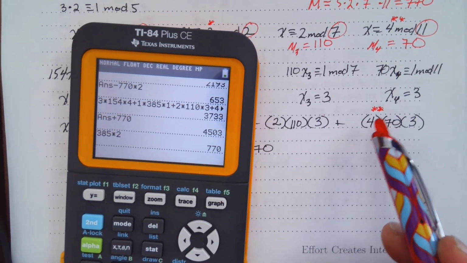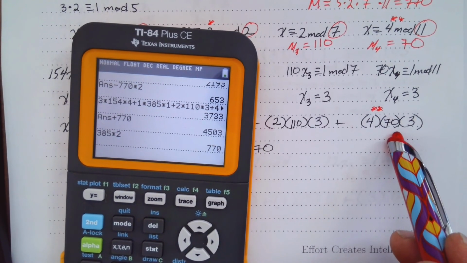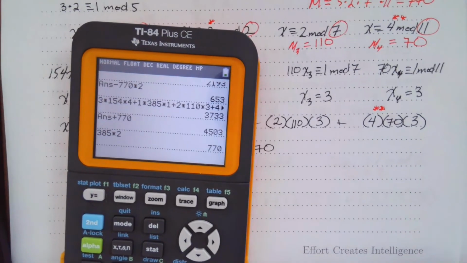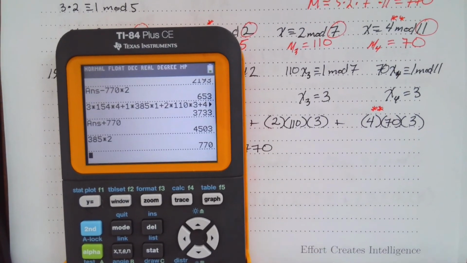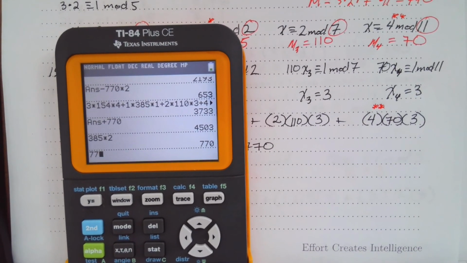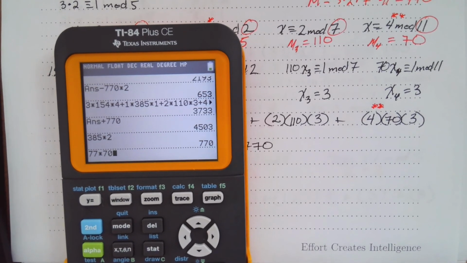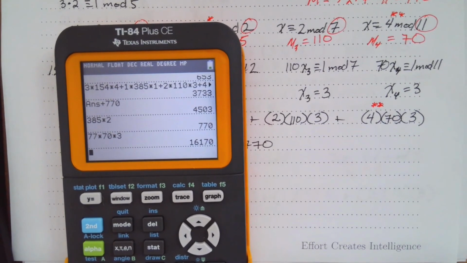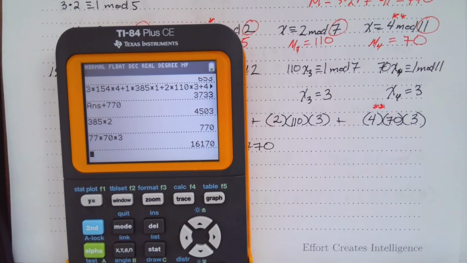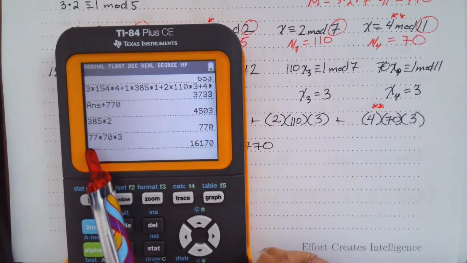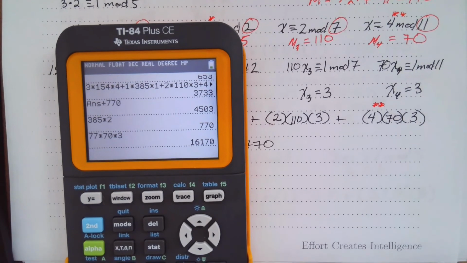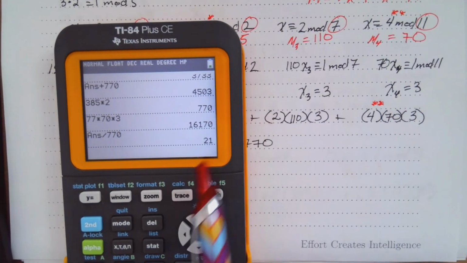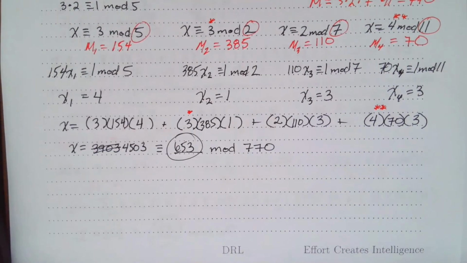Similarly, over here, if I had a 4 versus an 81, that would mean that there were 77 times 70 times 3 additional items, right? And we can say, well, if I have 77 times 70, I know that I can divide 770 out of there and get my answer, right?